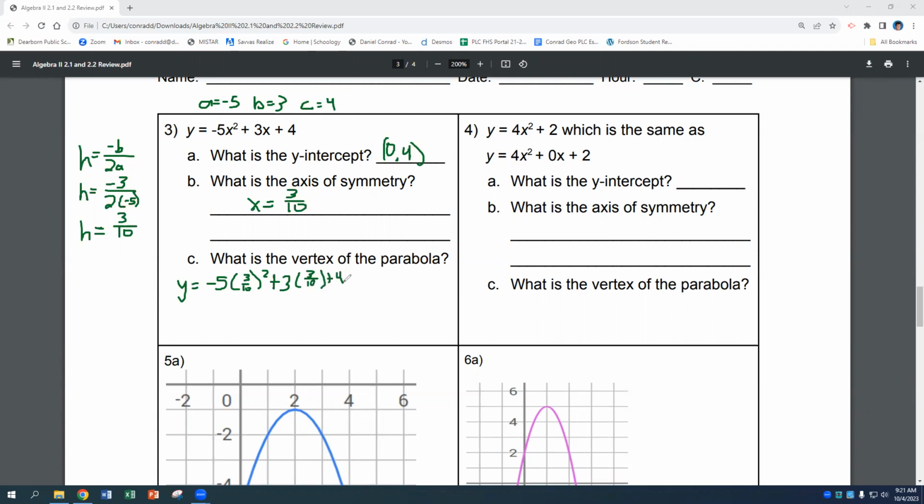I'm just going to use my calculator because that's a lot of fractions in there. So -5, parentheses, I'm going to do 3 divided by 10 squared plus 3, and in parentheses, 3 divided by 10 plus 4. It gives me 89 over 20.